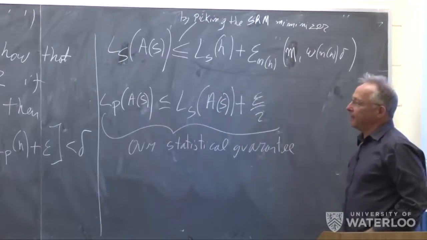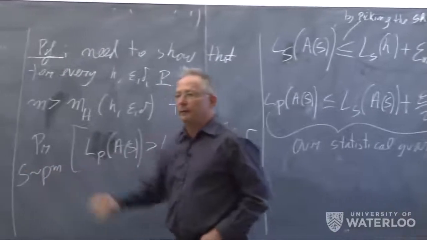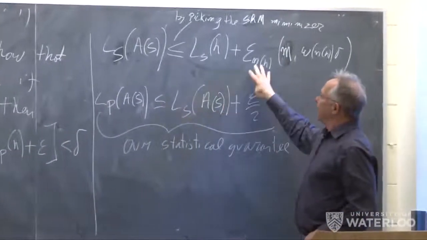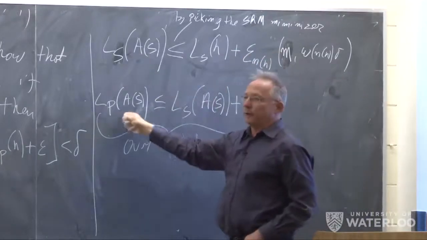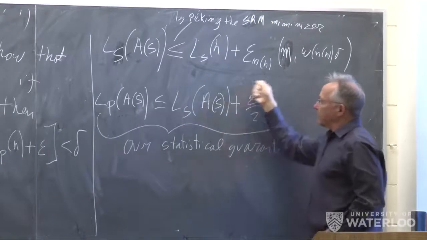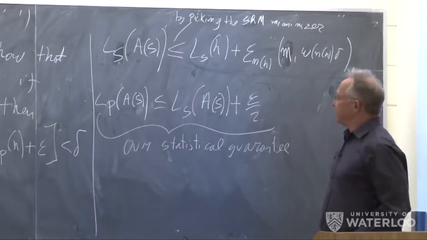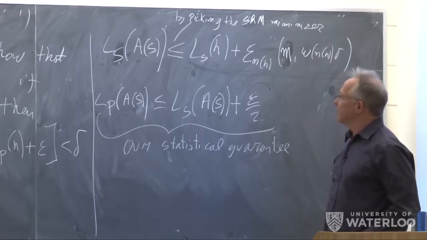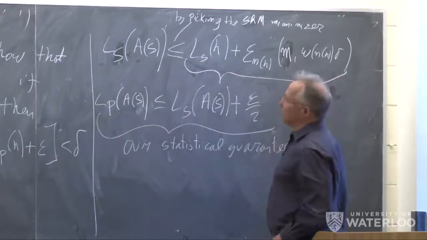Okay, so what I'm saying is that what we care about is the true error of what our algorithm outputs compared to the true error of this H. Anyway, so this is bounded by this. The true error of my algorithm will be this plus at most epsilon half, because the value that we get here is epsilon half. Now I'm going to take this and put here.